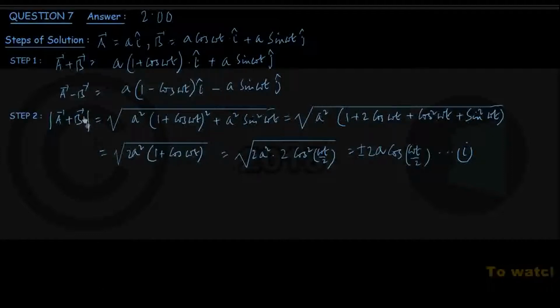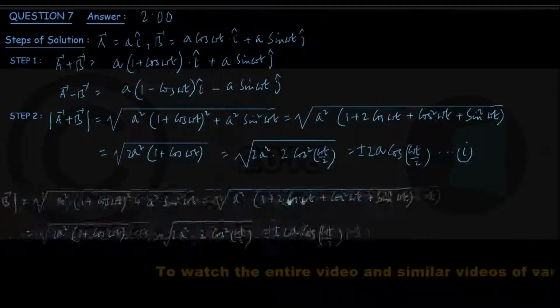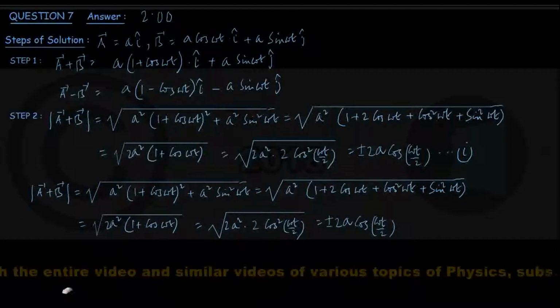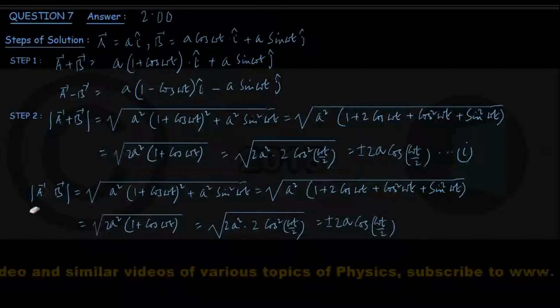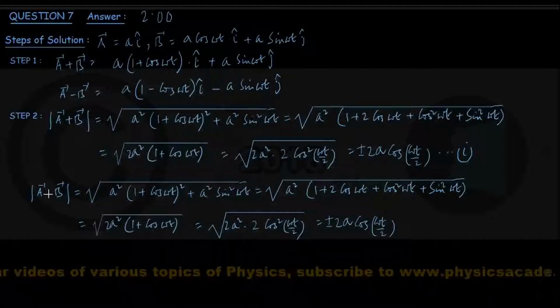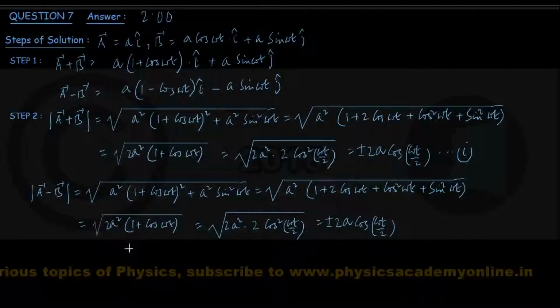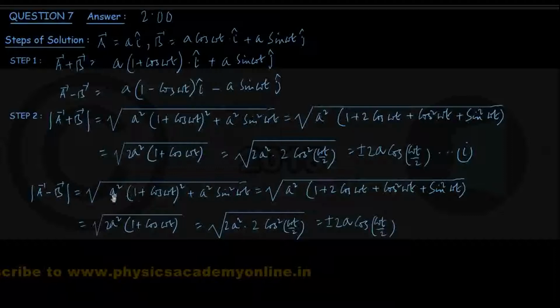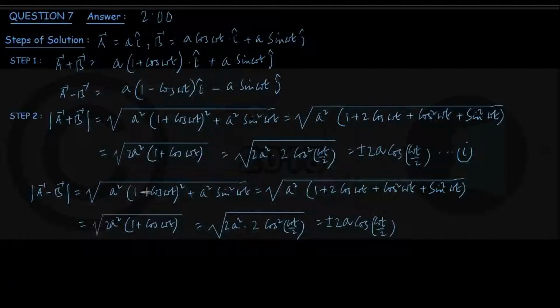Similarly, let's find out the magnitude of A minus B vector. To find out the modulus value of A minus B, I shall copy a few lines and make rectifications on them. It will be easier for me in writing. So we shall now find out the magnitude of A minus B vector, and that is, as you can see from here, square root of A square into 1 minus cos omega t whole square.